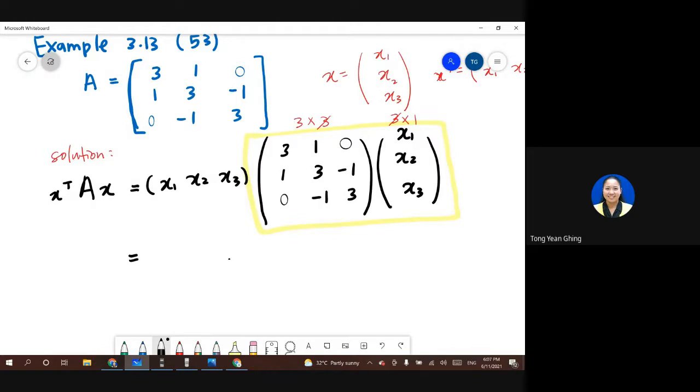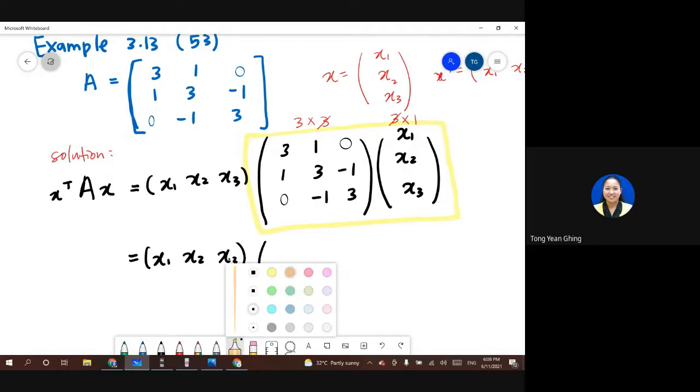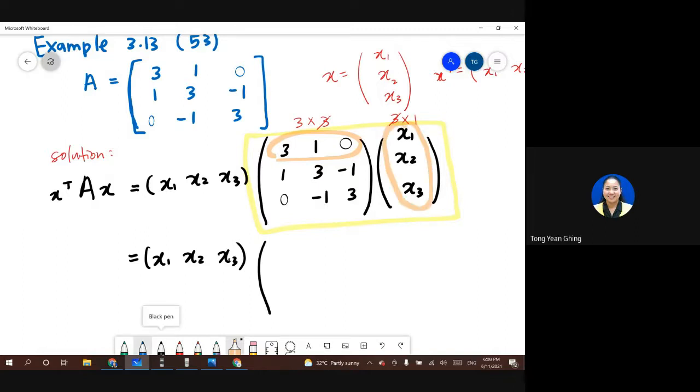Row times column. The first row will be 3x1 plus x2 plus 0.